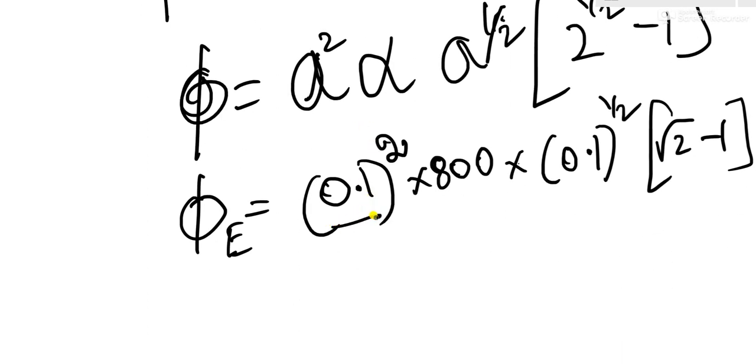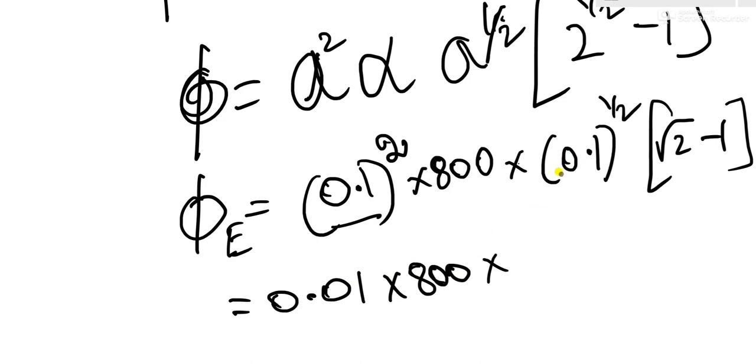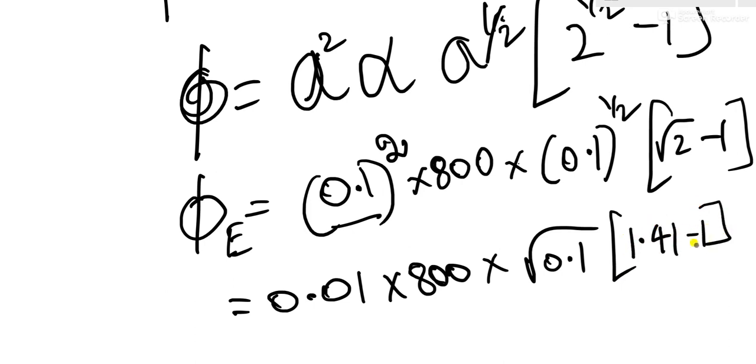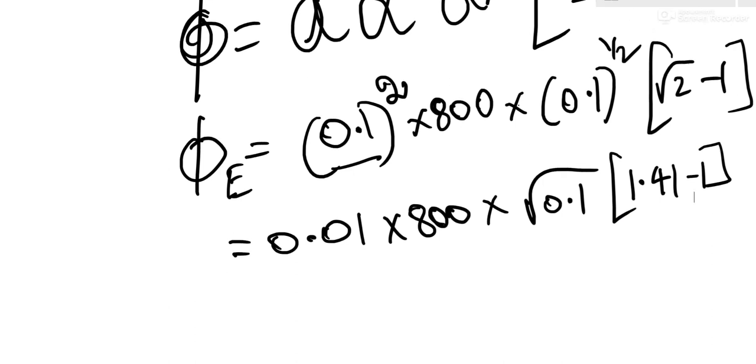So 0.1 square we can take as 0.01 into 800, root of 0.1, and for root of 2 we get 1.41 minus 1.